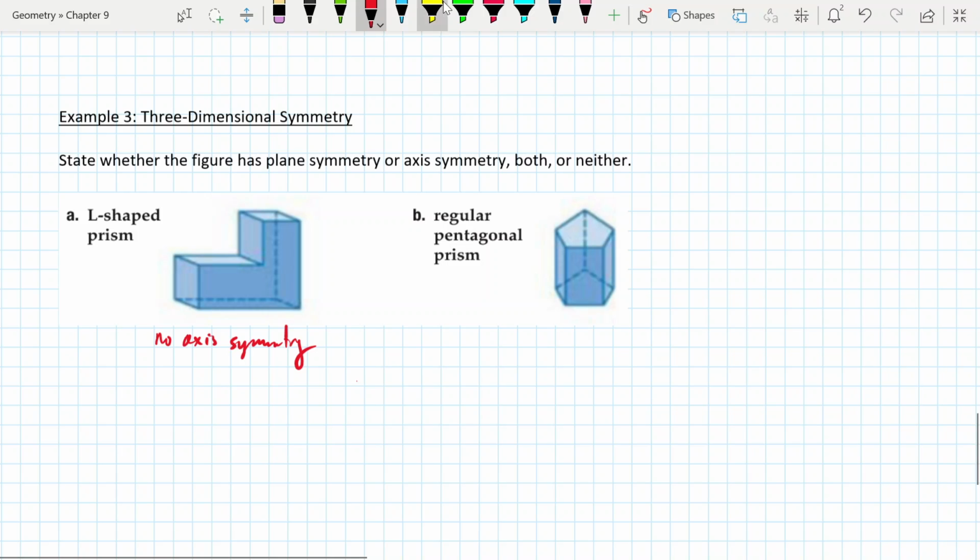but it may have planar symmetry. If I cut the shape in half horizontally there, it doesn't quite work. There's more on the bottom than there is on the top. But there is one, and this is like the tape line on a box.